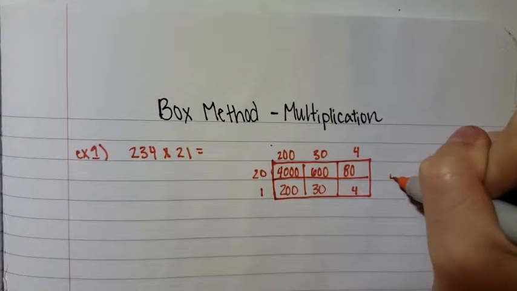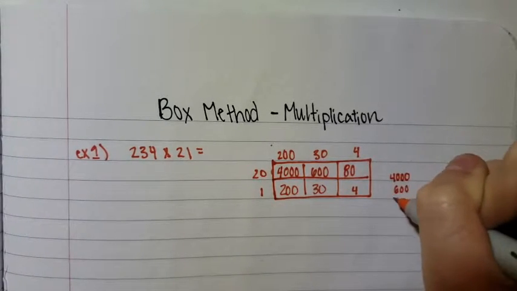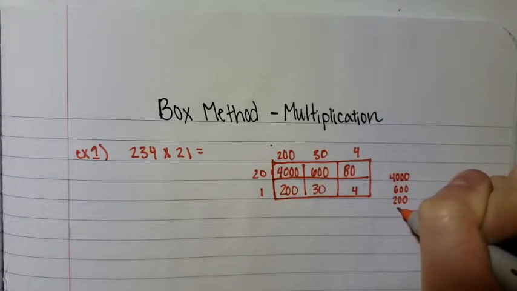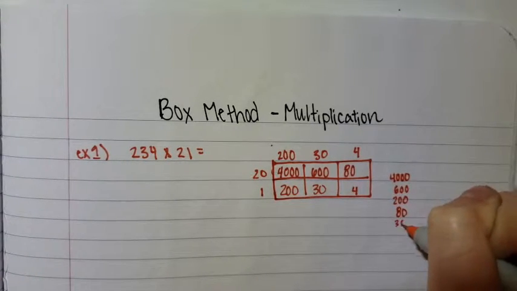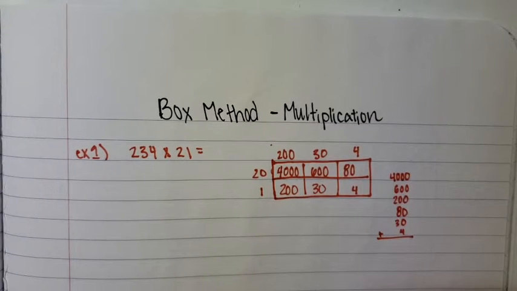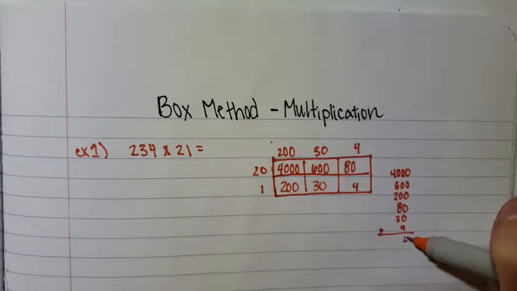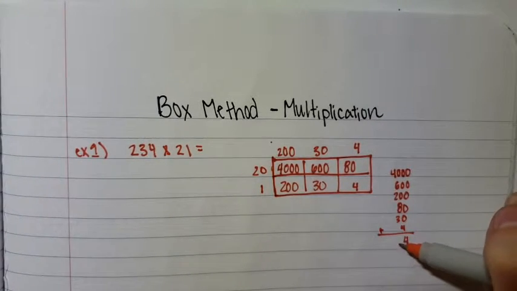So 4,000, 600, 200, 80, 30, 4. You're going to add all these numbers together. So 4 plus all these zeros is 4. 8 plus 3 is 11.